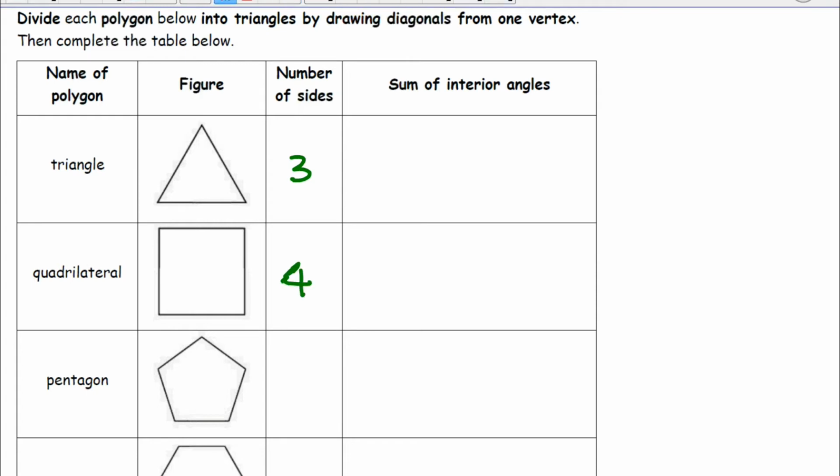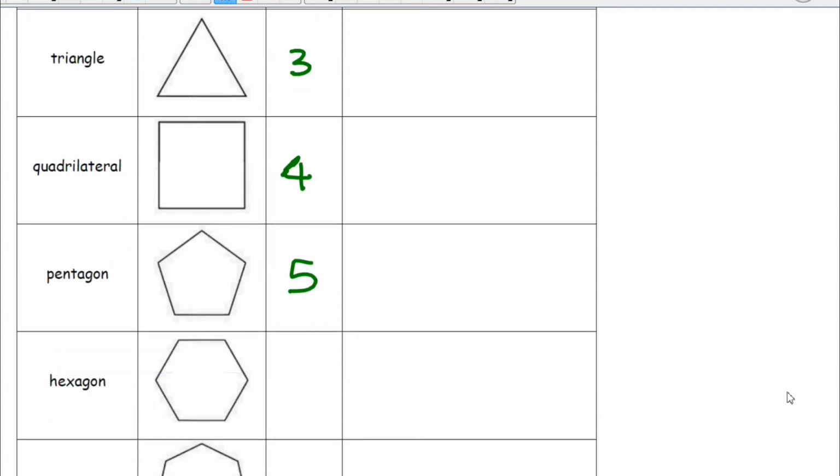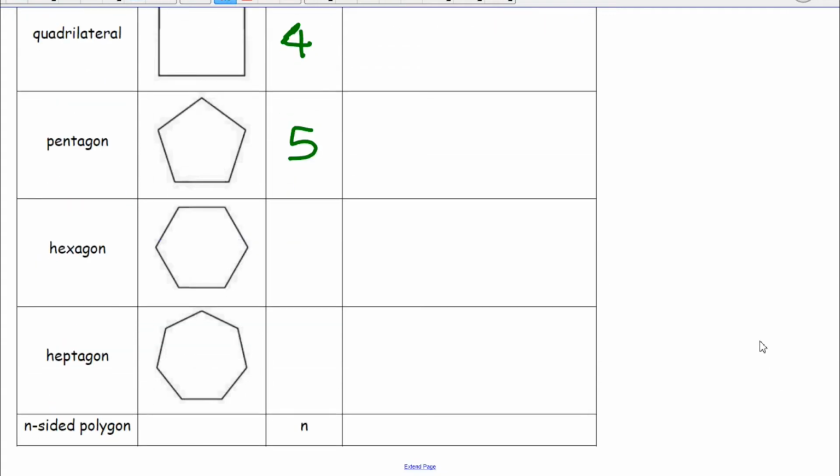And then a pentagon, we have 5 sides. Hexagon, we have 6 sides. Heptagon, we have 7 sides, and so on and so forth.